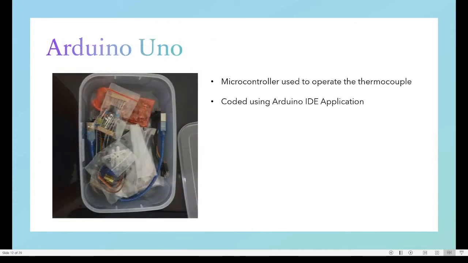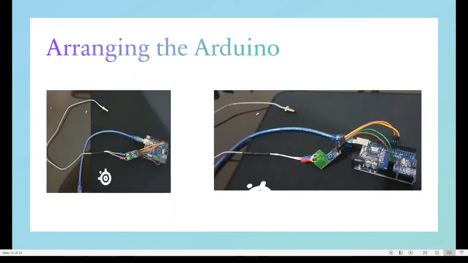The next one is an Arduino Uno microcontroller that is coded using the Arduino IDE application. The Arduino is arranged with two thermocouple circuits as shown in the picture.